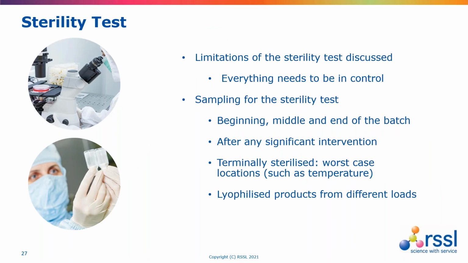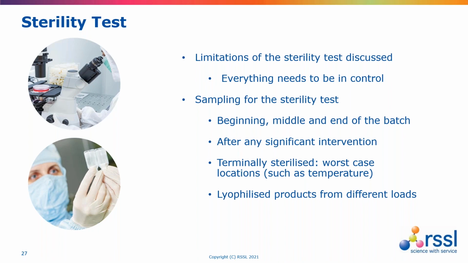There is reference to the sterility test within the Annex 1 revision, and this is just emphasizing that the sterility test is limited because there is no universal growth medium, and we have the phenomena of viable but non-culturable microorganisms.